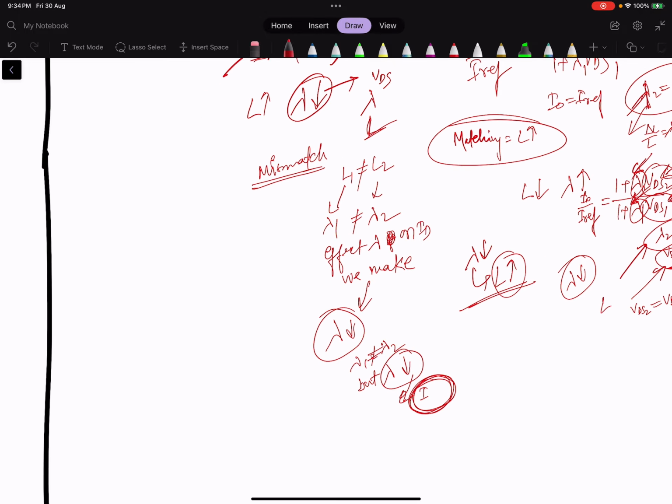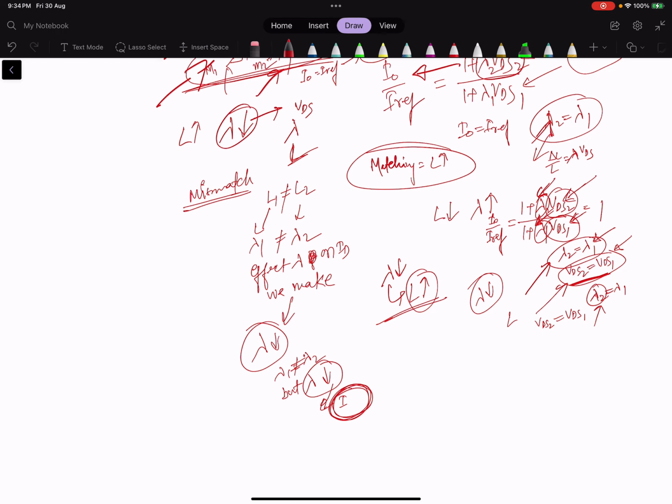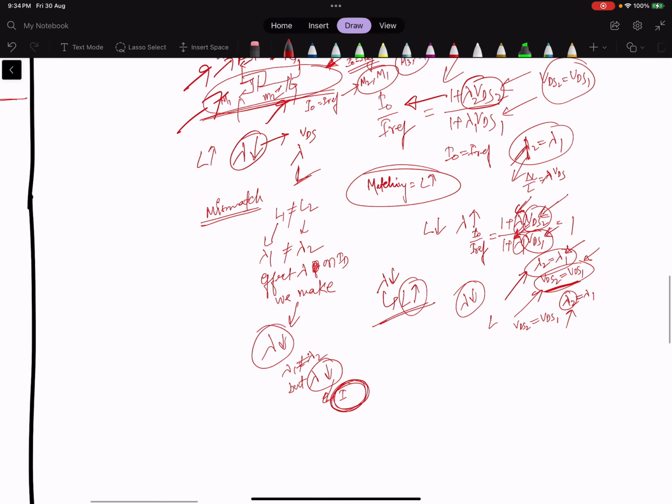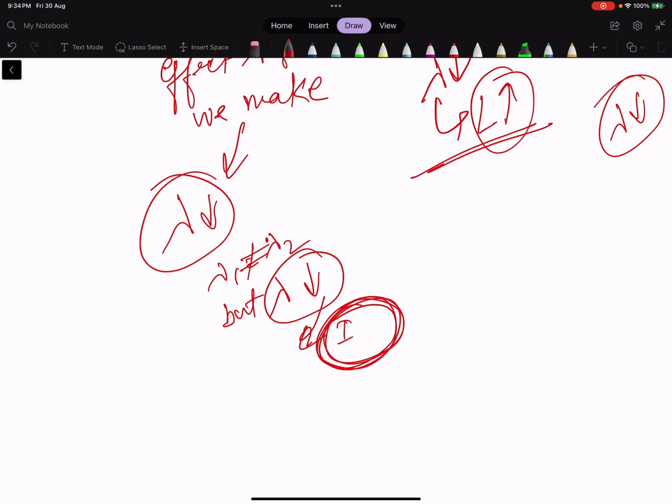This is the basic understanding for the matching: for proper matching we need less lambda, or length should be high.